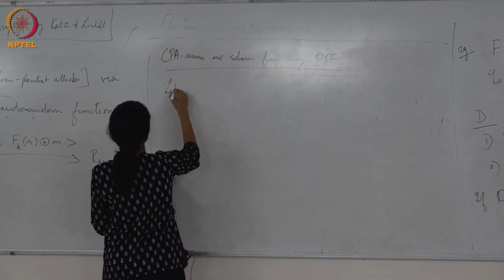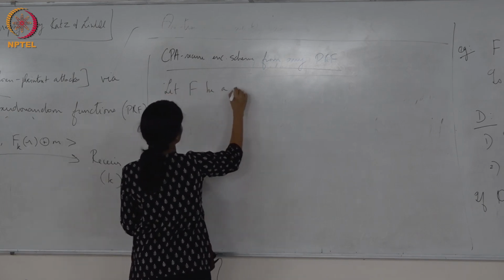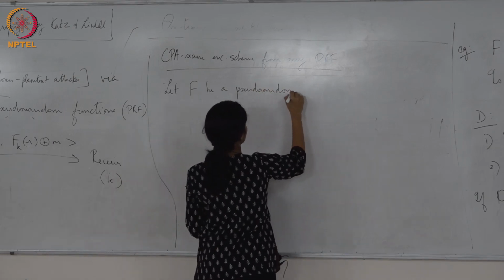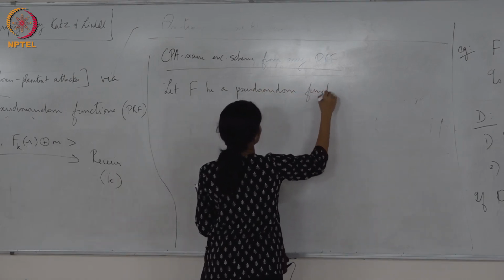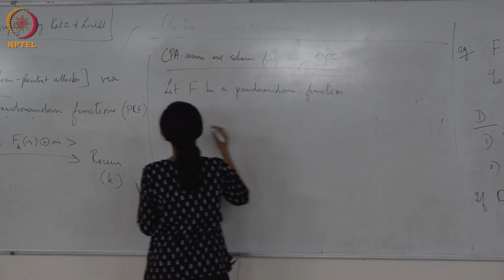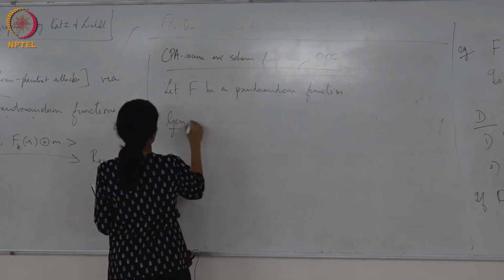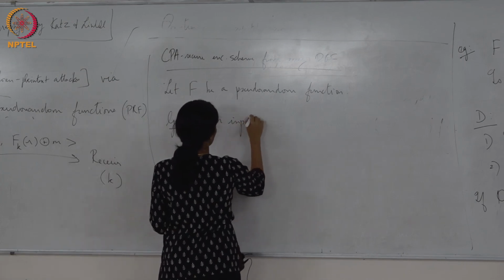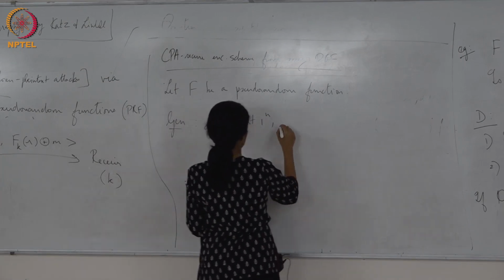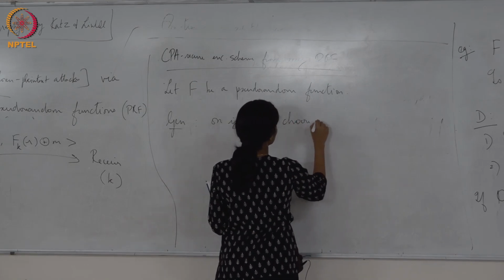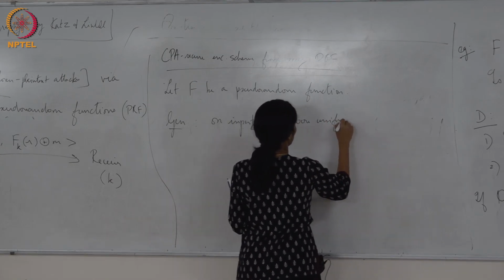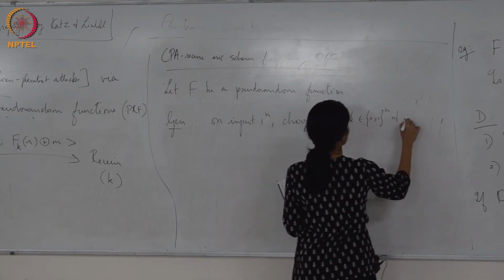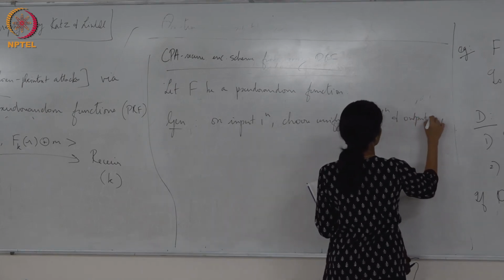Let F be a pseudo-random function, and then we define the key generation algorithm as: on input the security parameter, choose a uniform n-bit string K and output it.